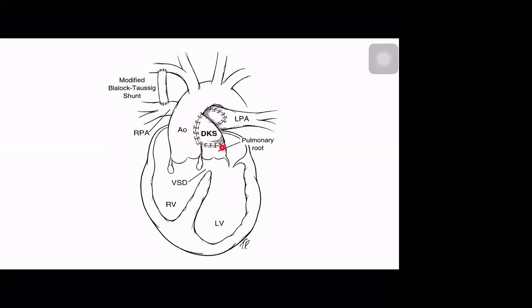So there is anastomosis from the pulmonary artery to the aorta directly, and the portion of the MPA where it was joining the branches is sealed with a patch, and you can see that a BT shunt has been placed between the right subclavian artery and the right pulmonary artery. So this is about the DKS.